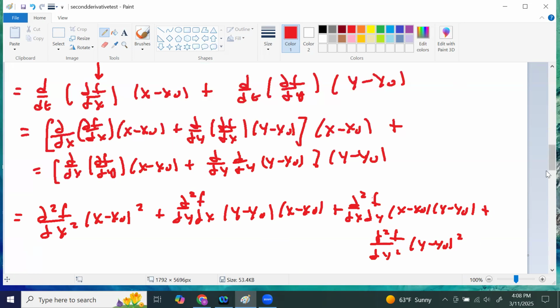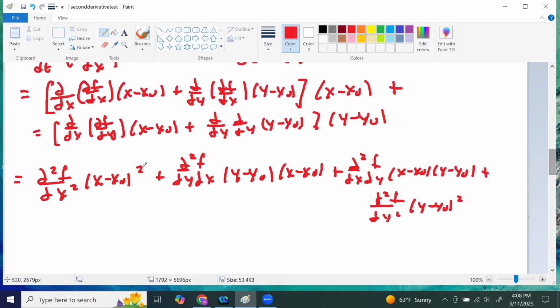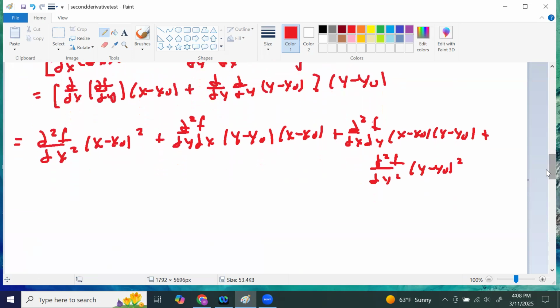Now, you learned earlier that if all the partials are continuous, and I guess we need the second partial continuous here, then by Clairaut's theorem, you can take the partial derivative in any order, and you can multiply in any order. So the second term is typically written this way.